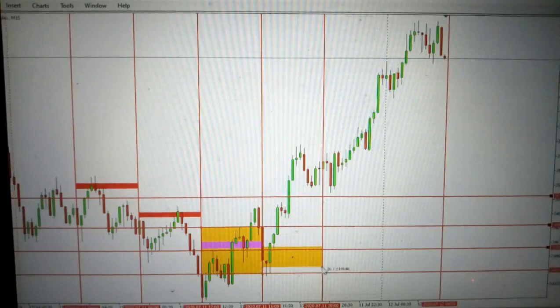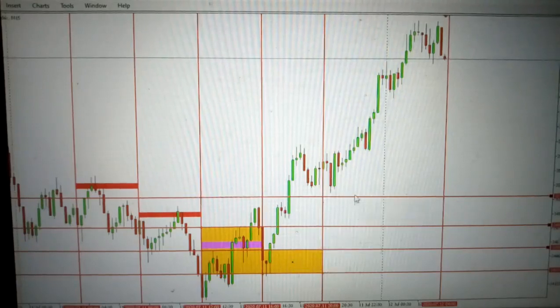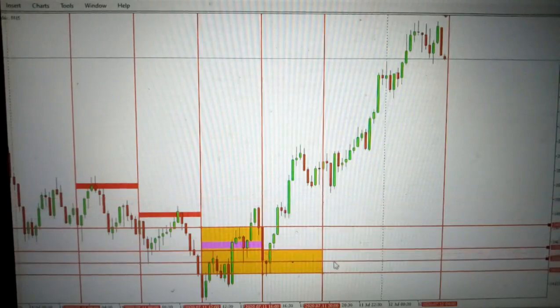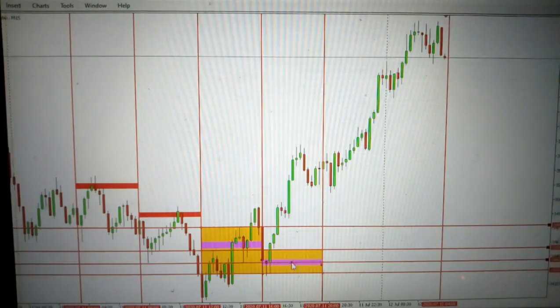My support will be in this area. So for me to map out the exact point where my support is, I'll divide that box into two, and then I'll use a red colored shape to map out the support zone. Now my support zone should be around here.